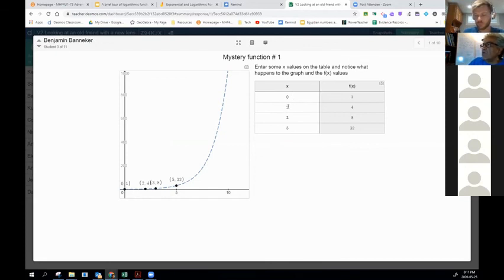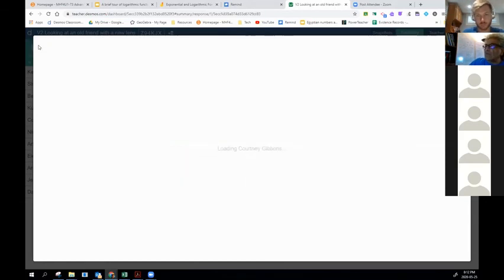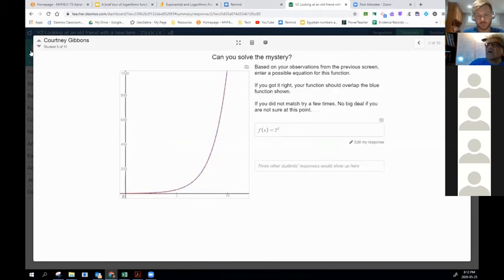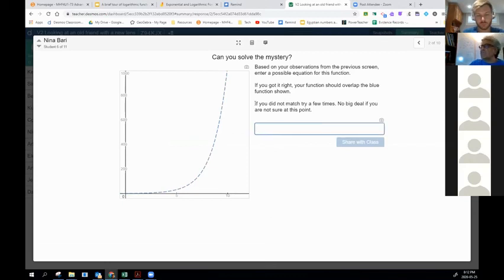And maybe some of you may want to do something like this. So you can see if there's a connection that you can establish that may allow you to then come on screen 2 and make a prediction. And I know I wrote here, if you don't match, try a few times, no big deal if you're not sure.